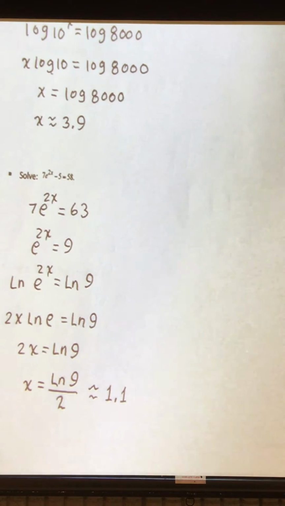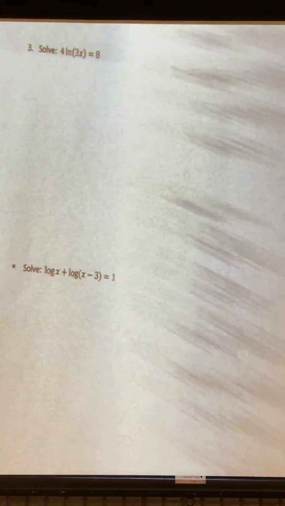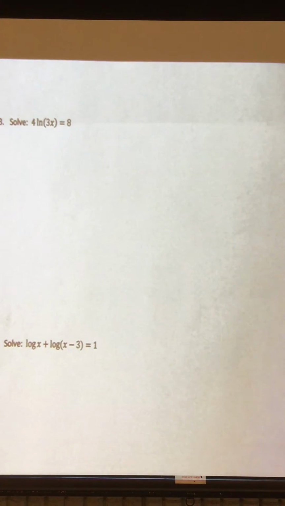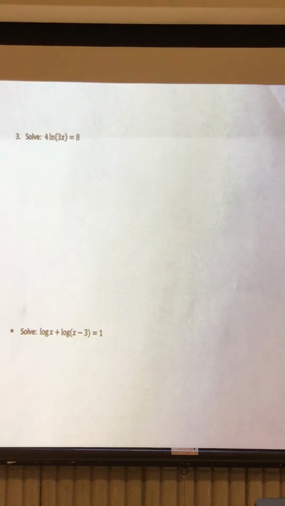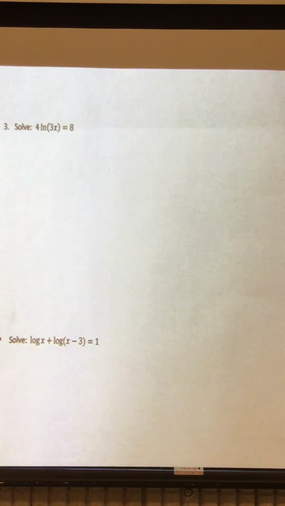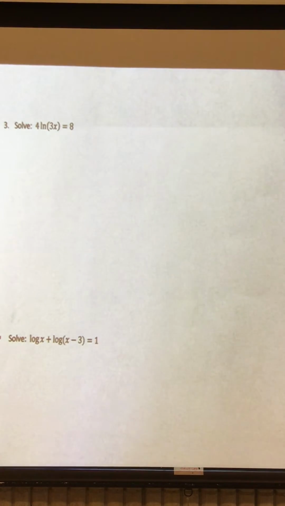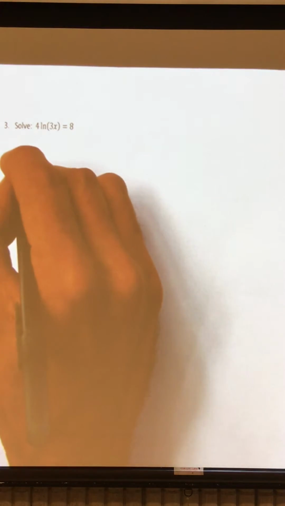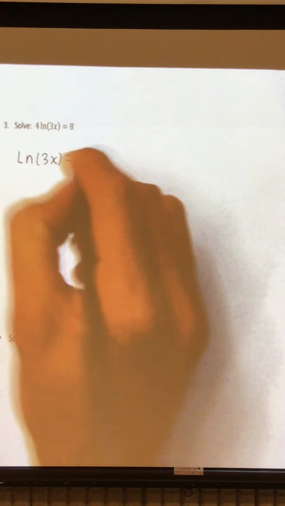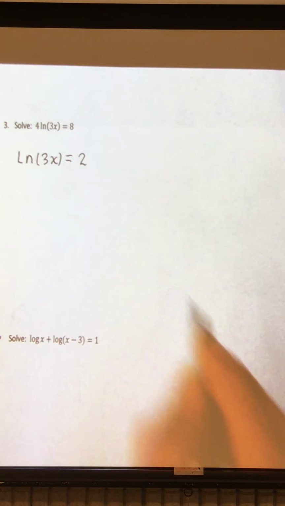Let's go on to problem number 3. Now we have a logarithmic equation. And we want to isolate the logarithm and then we'll convert to exponential form. So we'll divide both sides by 4, giving us the natural log of 3x equals 8 divided by 4, or 2.